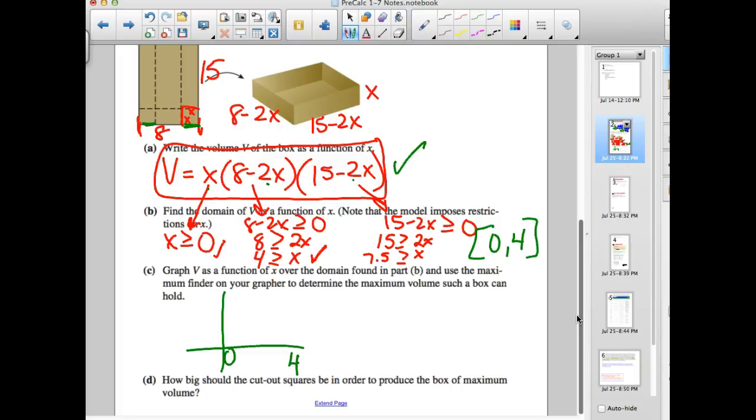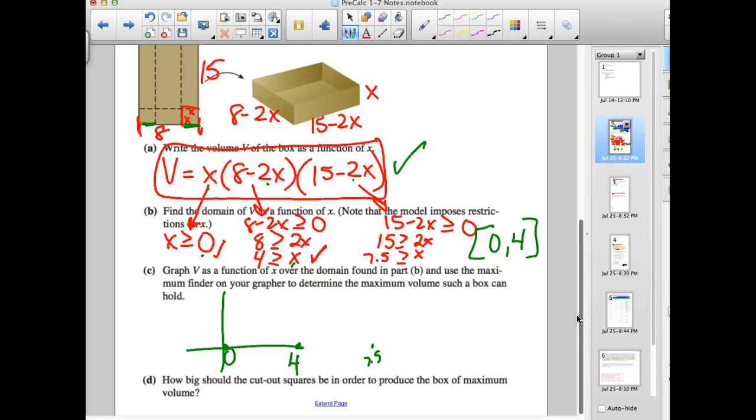We'd have a 4x cubed as our first term. So it's a cubic graph with a positive leading coefficient. So it's going to start low and twist up. We said it could equal 0 at 0 and 4, so we're going to hit here and here. We'd also hit out here at 7.5, but remember we said that's not in our domain.